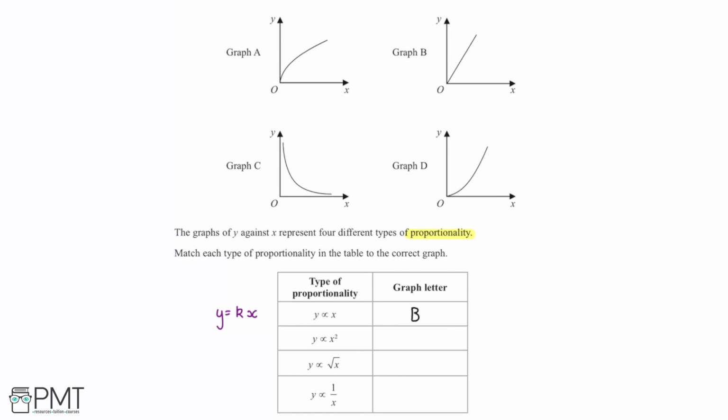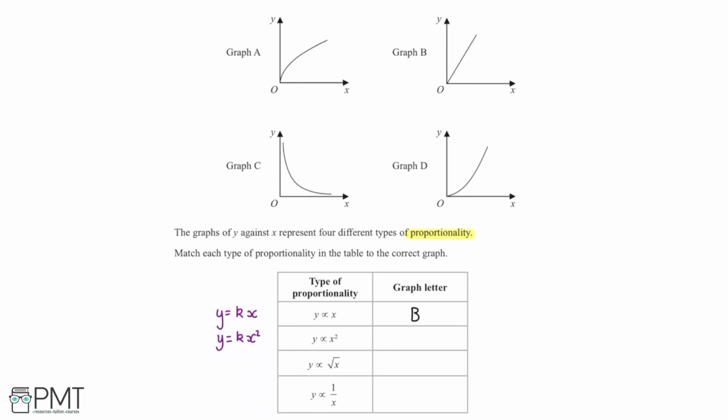And similarly here, for y is proportional to x squared, I can use the concept of this constant of proportionality again. So y is going to be equal to k lots of x squared. This shows that y is proportional to x squared. Now, as for what this will look like on a graph, we have some value of k, a rate constant, and we have y is equal to k lots of x squared.